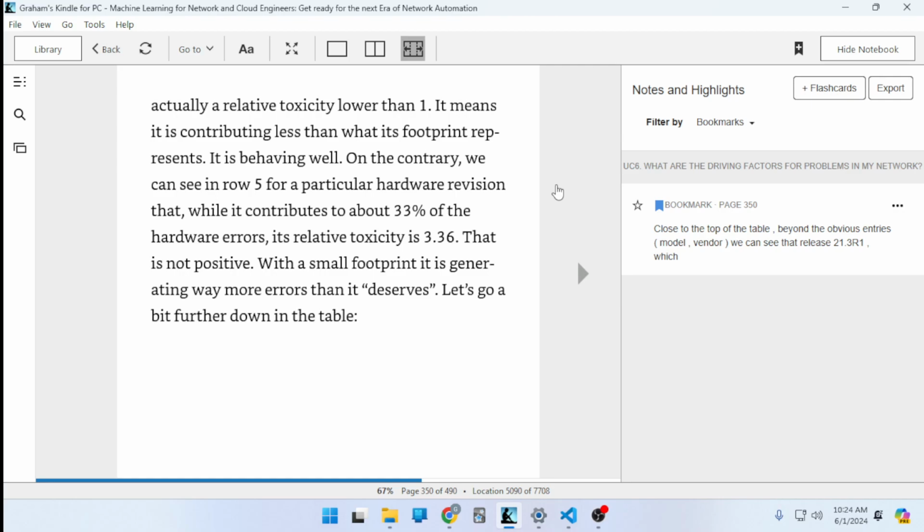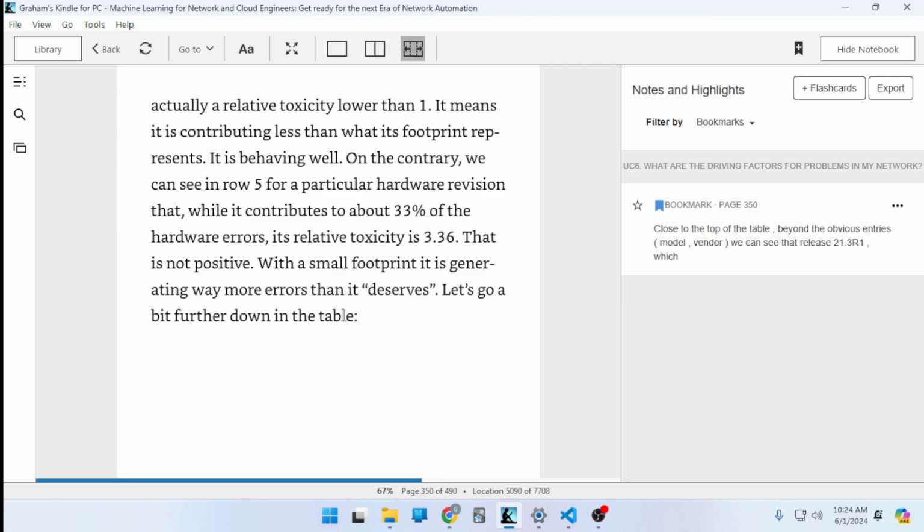It is behaving well. On the contrary, we can see in row 5 for a particular hardware revision that while it contributes to about 33% of the hardware errors, its relative toxicity is 3.36. That is not positive. With a small footprint, it is generating way more errors than it deserves.